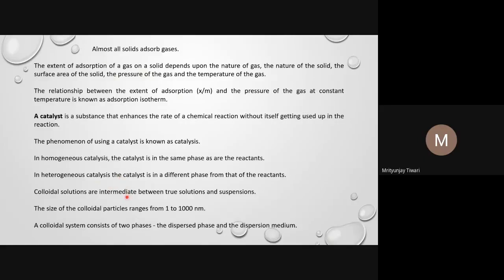I'm just summarizing it. Colloidal solutions are intermediate between true solutions and suspensions.